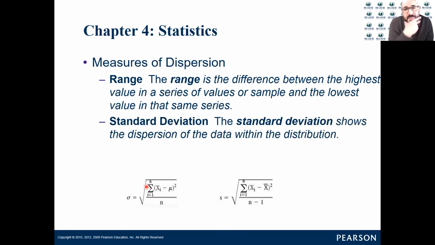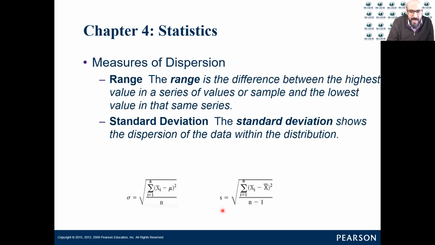The range is the difference between the highest value in a series and the lowest value in the same series, so maximum minus minimum. And the standard deviation shows the dispersion as well, and this is the sigma. If it's for the population, we use this one.